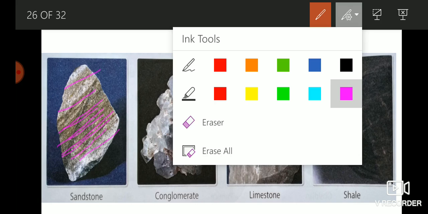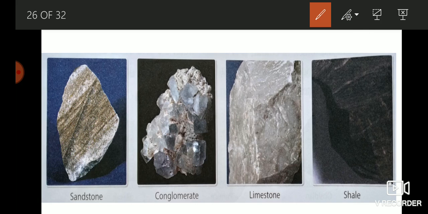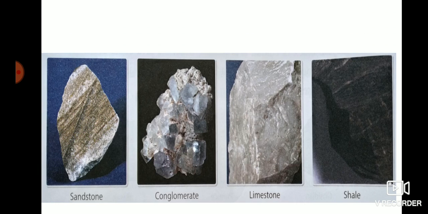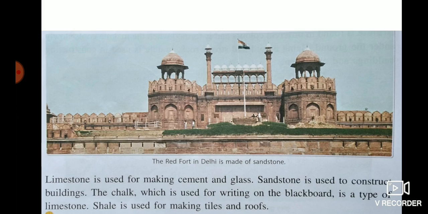That means these markings are formed by different layers of rocks. When the different layers are fused, that is the reason you can see this kind of parallel marking in the case of sedimentary rocks. So these are the examples of sedimentary rocks.